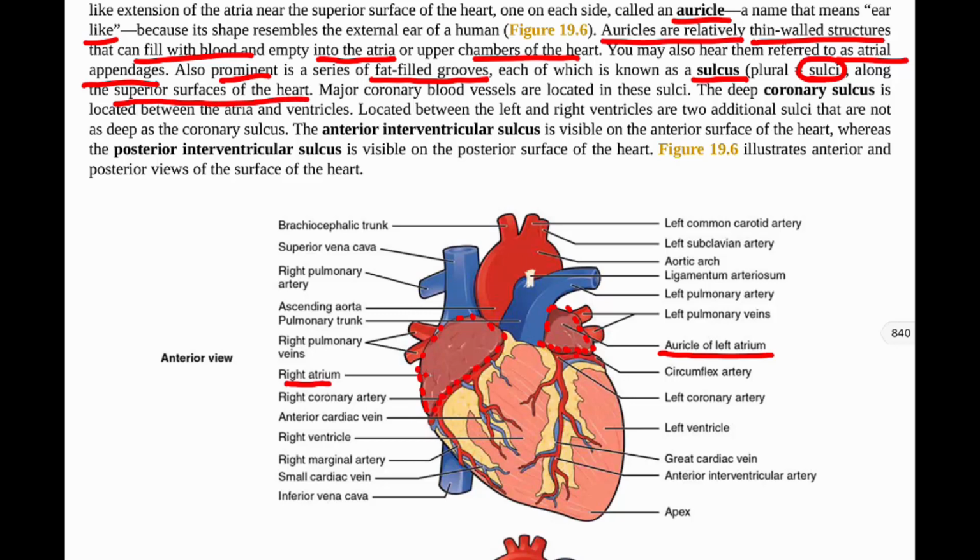These sulci, these indents, are there because they hold our coronary blood vessels. The major ones are located in these little dips. In this illustration, here's one, and there's a dip in the muscle, and within this dip we have our coronary blood vessels. In this case, it's called the anterior interventricular sulcus, and it has vessels.